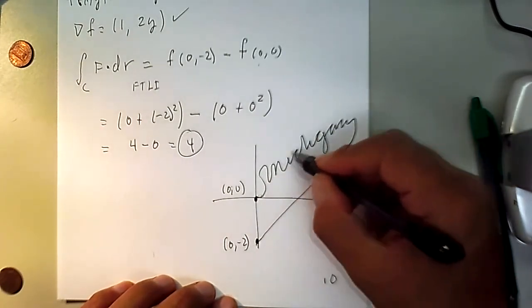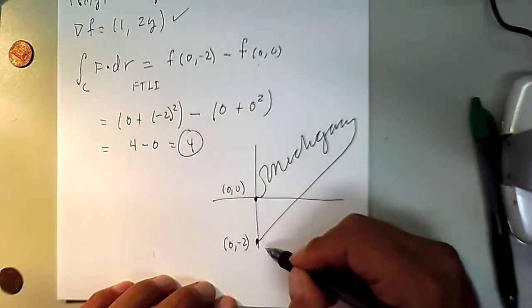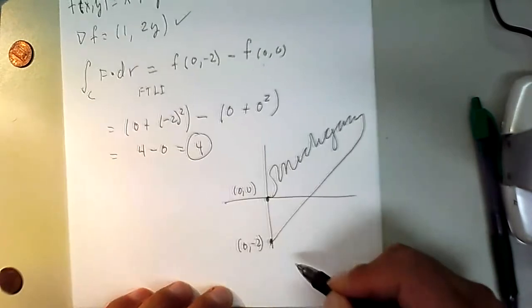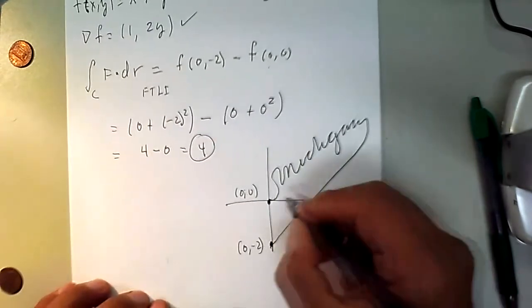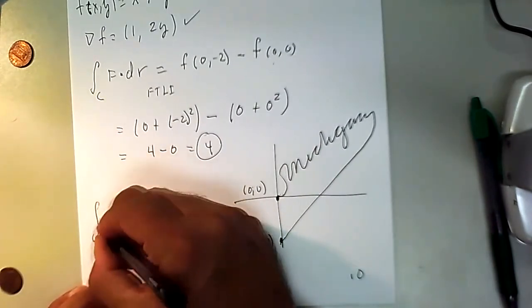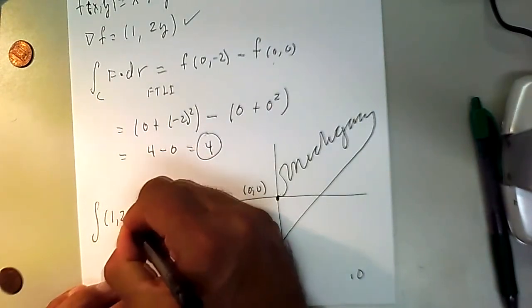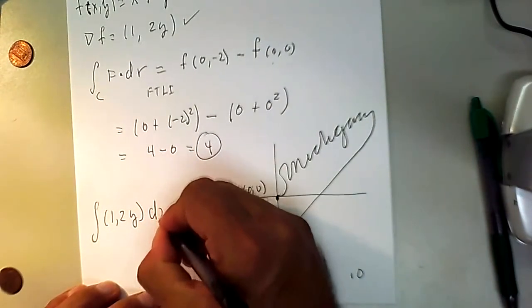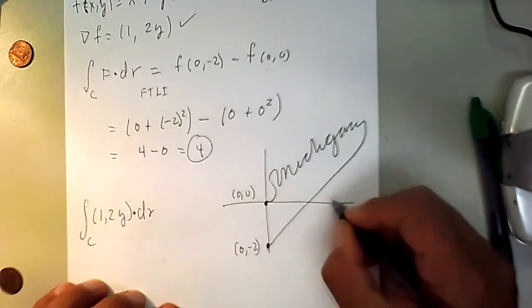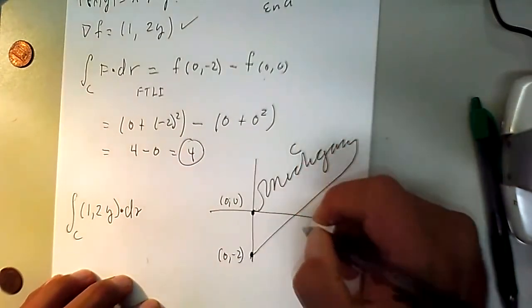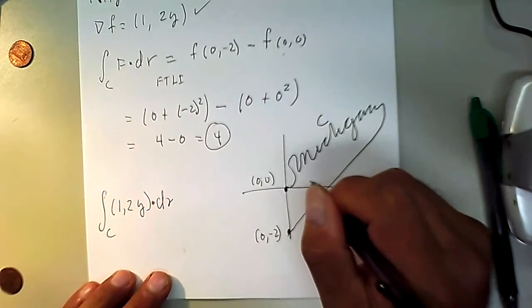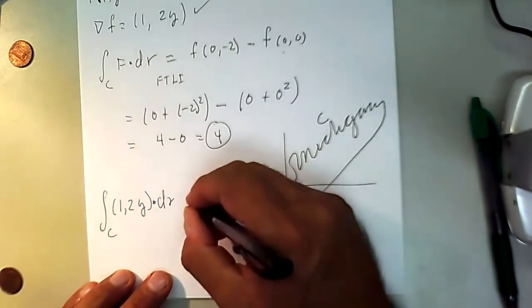But if you want to integrate 1 comma 2y with respect to the path on this curve, okay, then the answer is going to be 4.